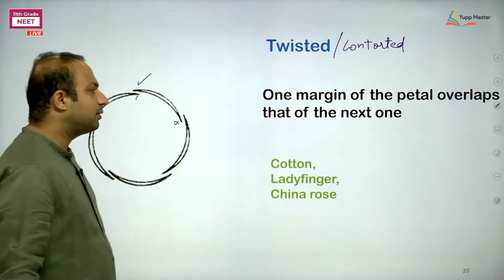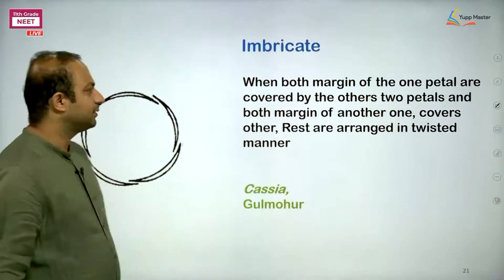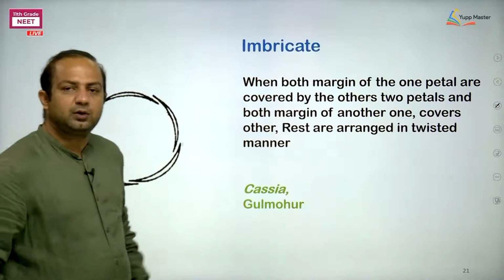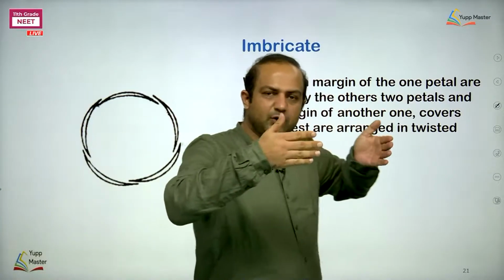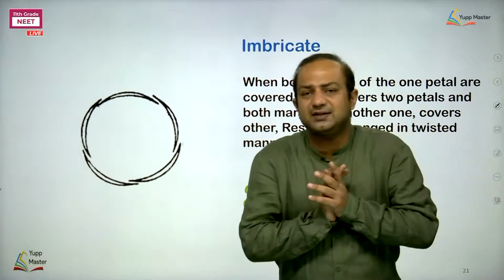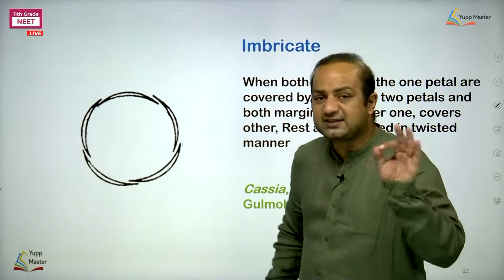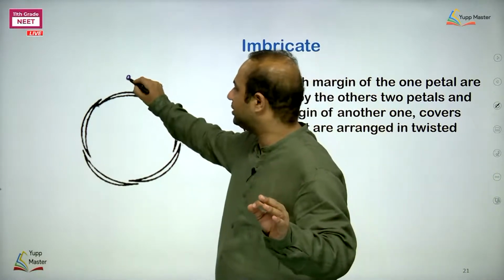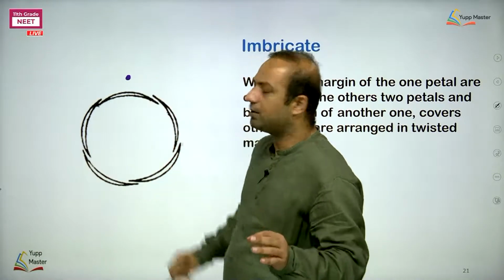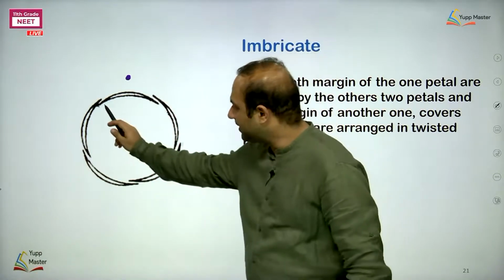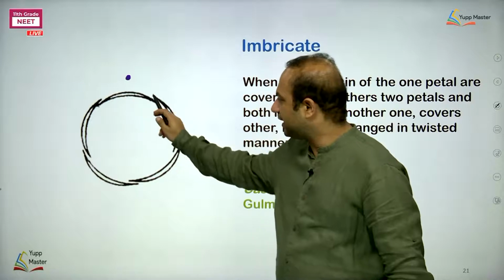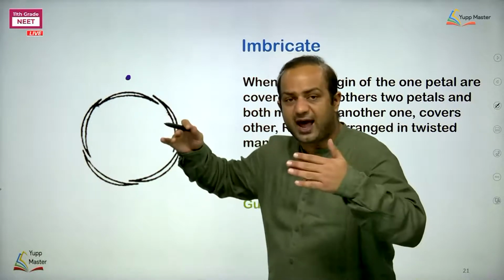Okay, then coming to the next one, the imbricate. Here also an alternate pattern or twisting is there, but not in a definite direction. As I told you, this is the posterior side or mother axis. What I am observing, see this petal is on the inner side, both sides are overlapped.